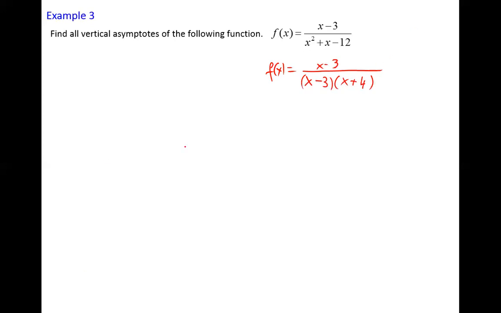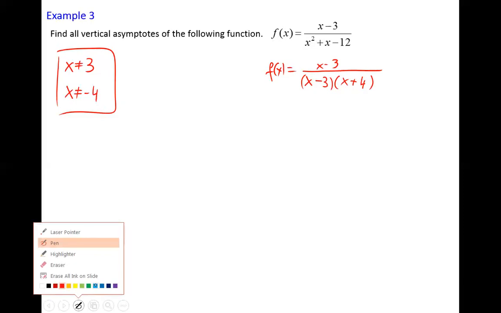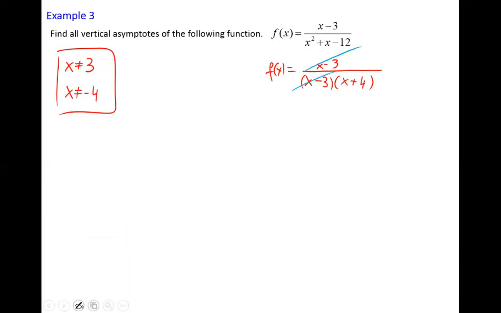Okay, and again, looking at the function, I see that x equals 3 is not in the domain and x equals negative 4 is not in the domain. However, do not assume that both of them will give me a vertical asymptote. I also see a common factor. I can cancel out. That means the reduced form of my function is 1 over x plus 4.